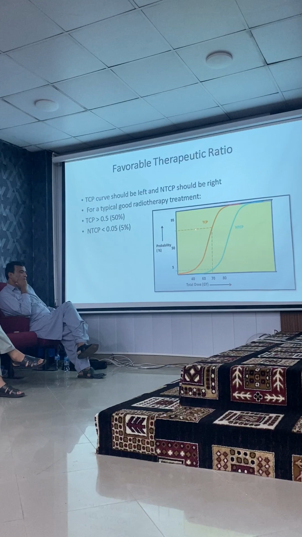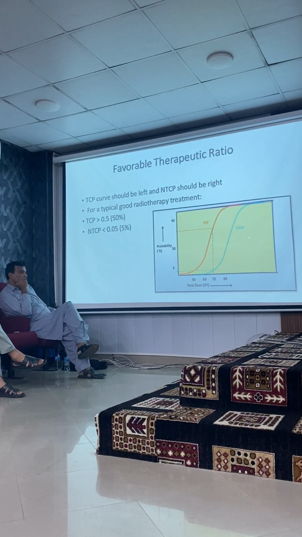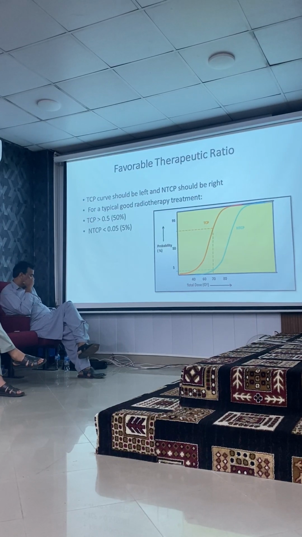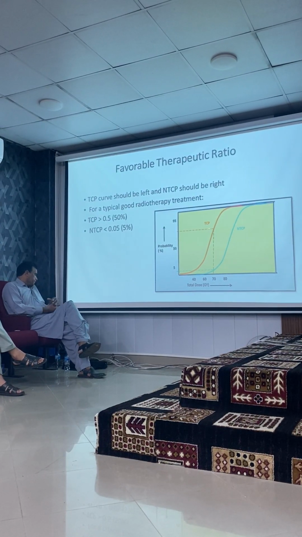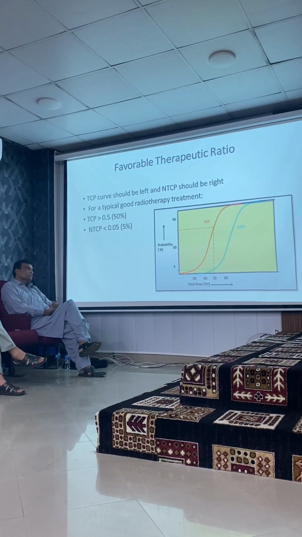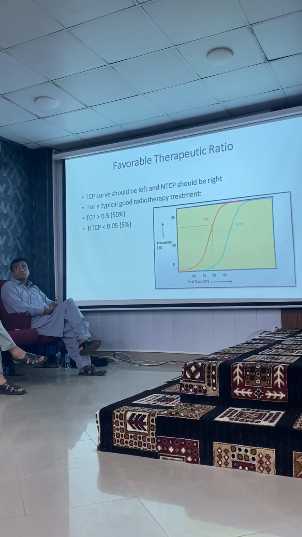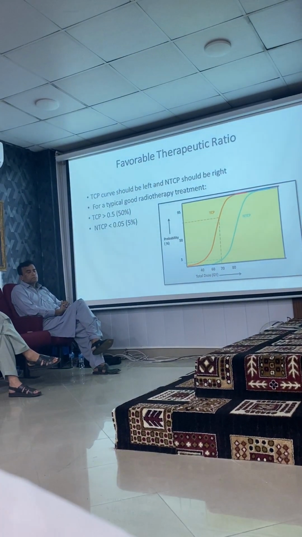The TCP curve should be to the left as much as we can have, and the NTCP curve should be on the right side. So if the tumor control probability is at least 50% and normal tissue complication probability is less than 5%, then we think that the radiation plan is proper.